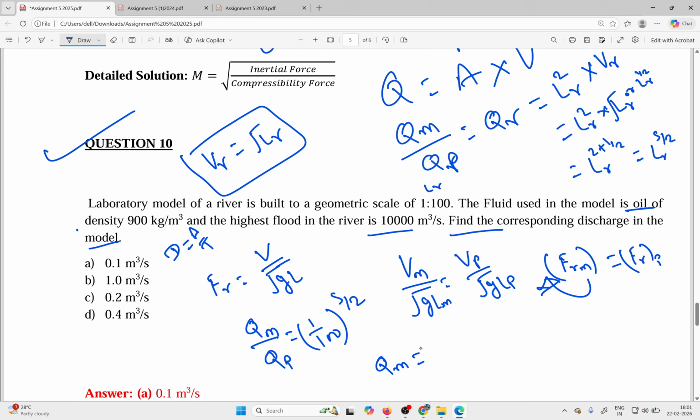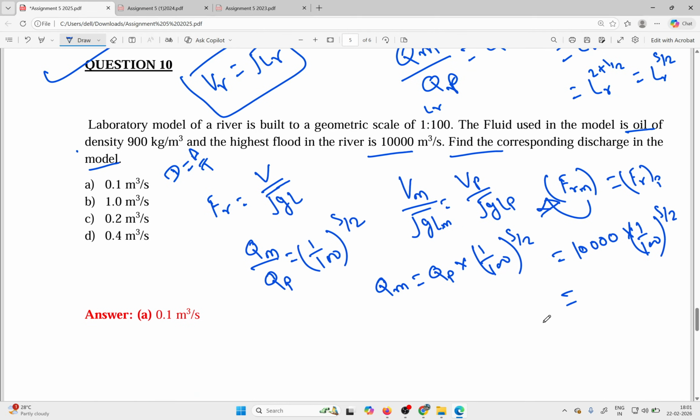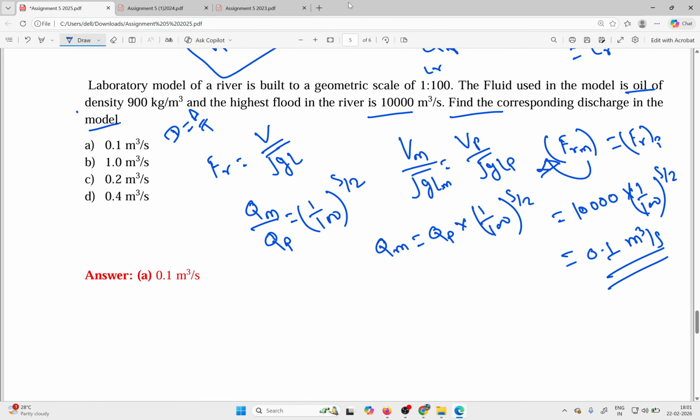Qm is equal to Qp, that is 10,000, into (1 by 100) to the power 5 by 2. So after calculation you will get 0.1 meter cube per second.